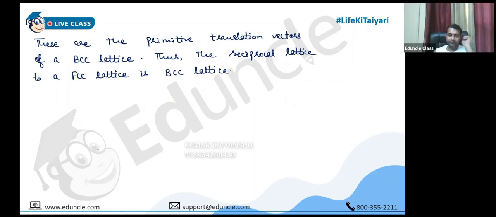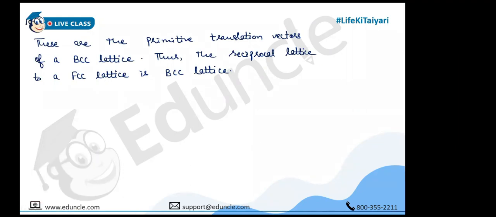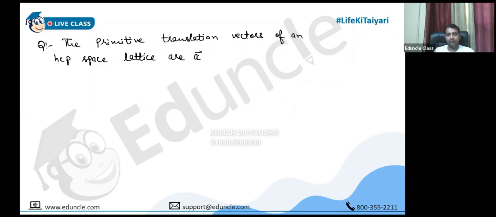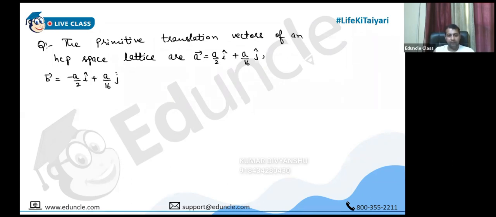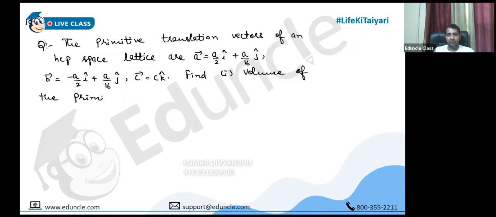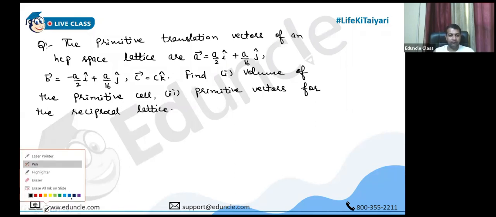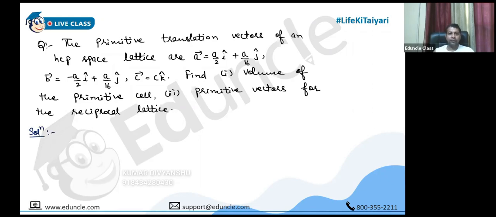So try to solve this question then. First of all, you have to calculate the volume, and volume is nothing but A dot B cross C. So let us calculate B cross C first.